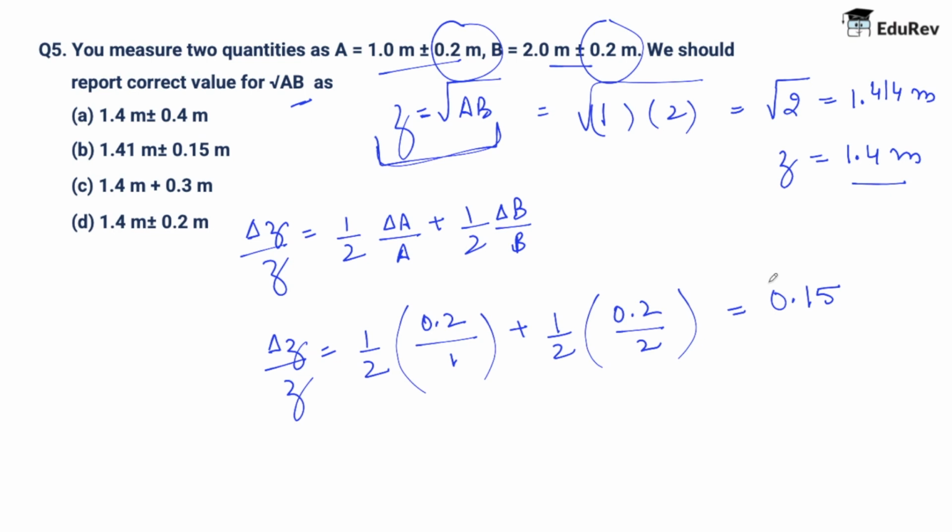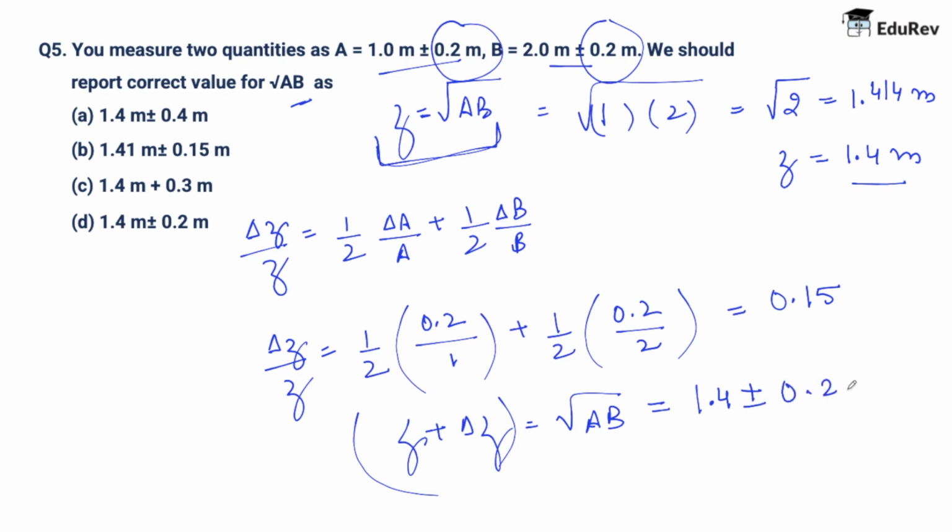And I know what is Z. Z is 1.4. That means the final value, that is Z plus delta Z, or I can say under root of AB as a whole, is going to be 1.4 plus minus 0.2. Why 0.2? Because I have rounded this off.